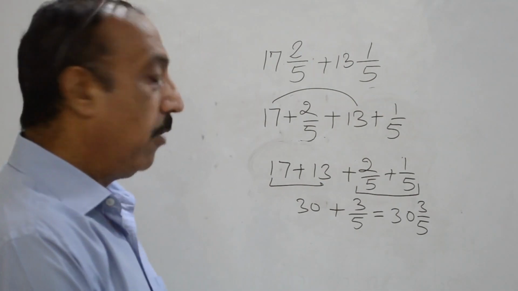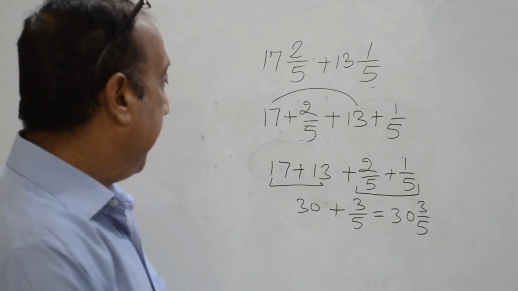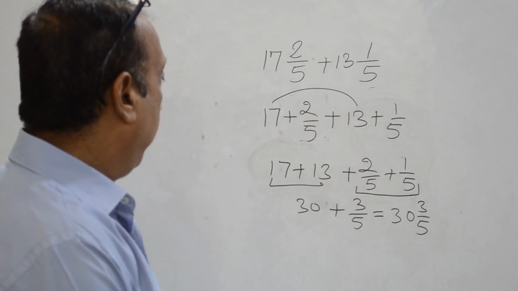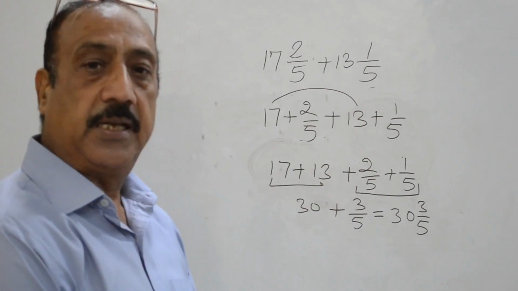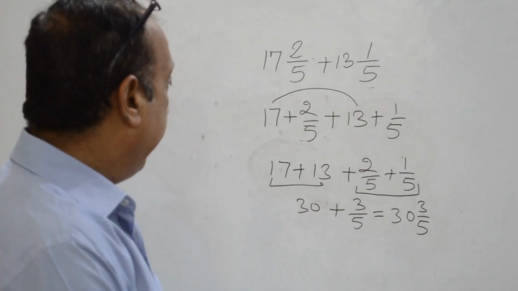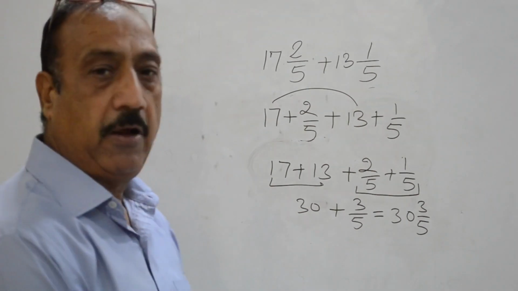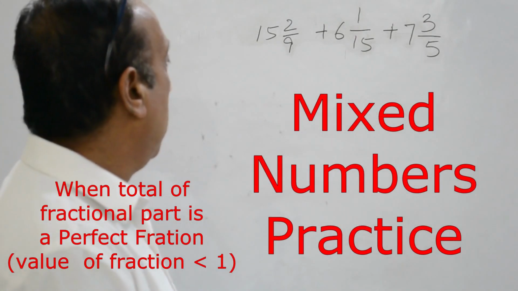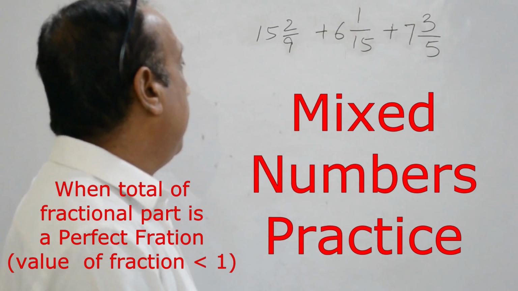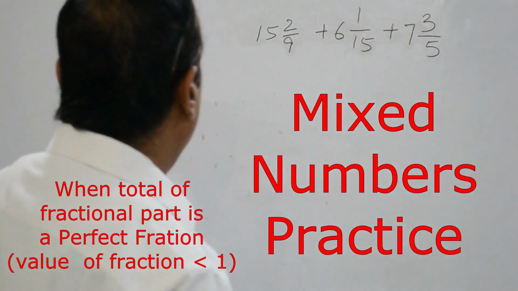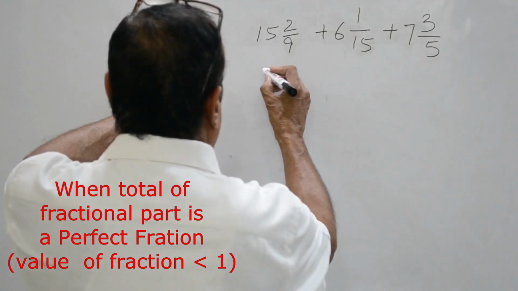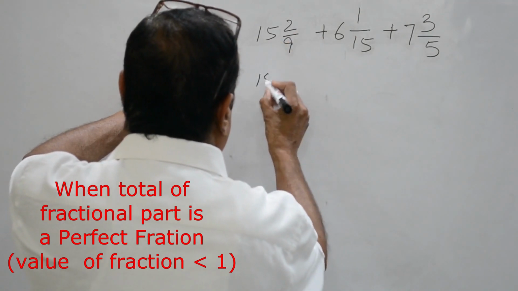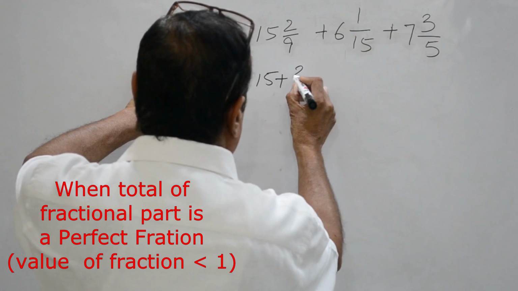There are about 4 to 5 variants of these problems, and we are going to discuss every one of them one by one. Now let us do practice with this example. So 15 2 upon 9 can be written as 15 plus 2 upon 9.